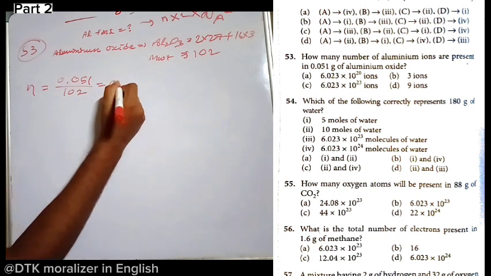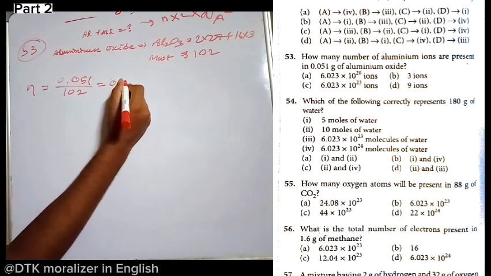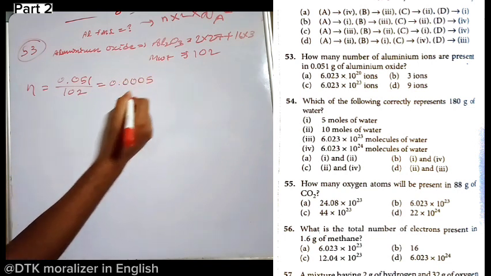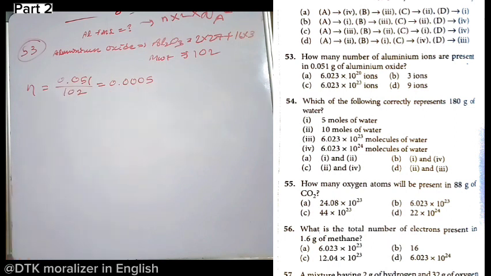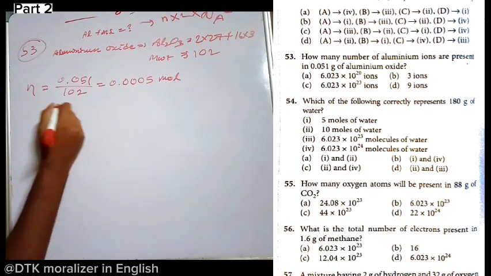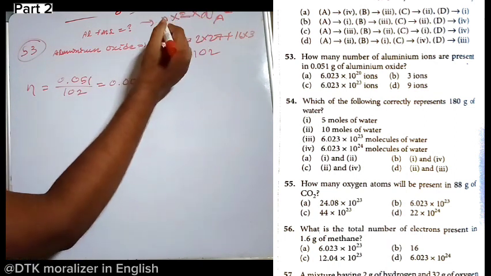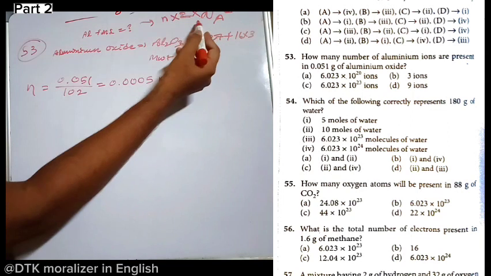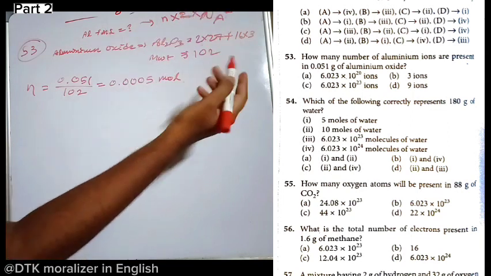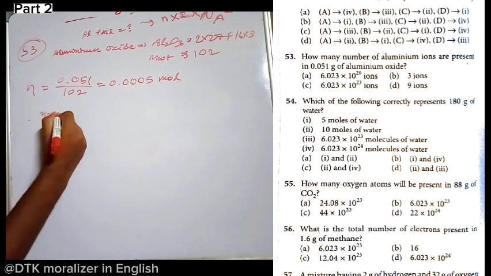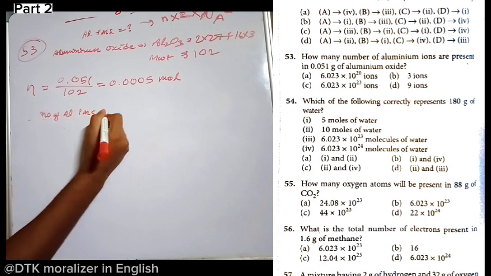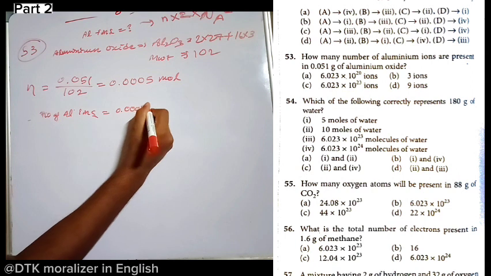We have to find the moles, so 0.051 by the molecular weight, which is approximately equal to 0.0005. We follow this formula for the number of aluminum ions.